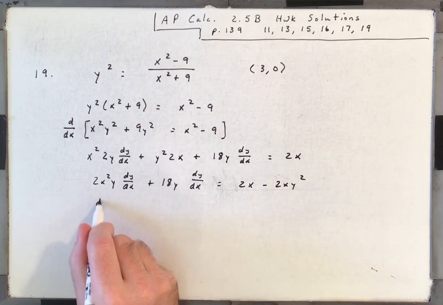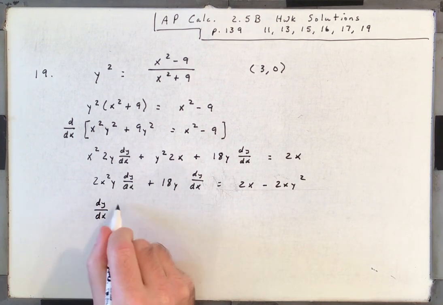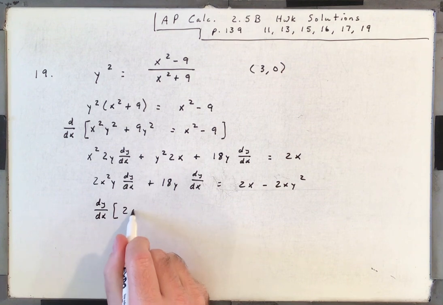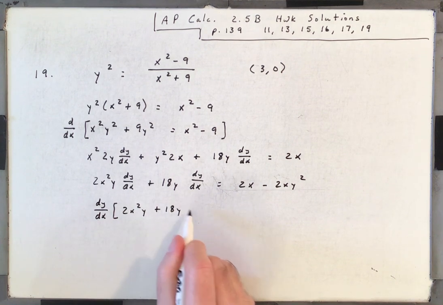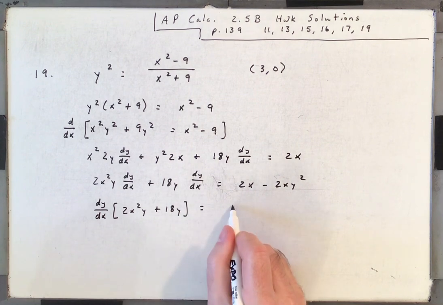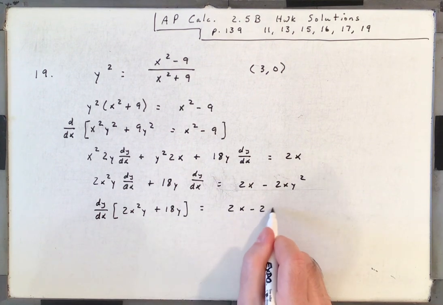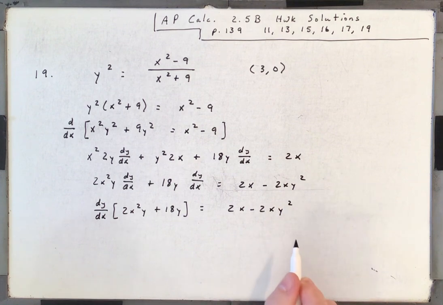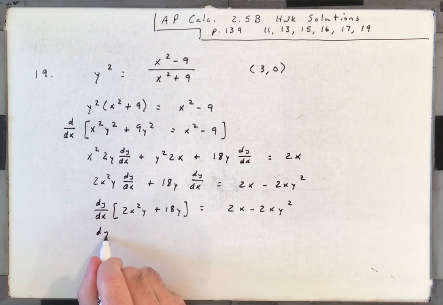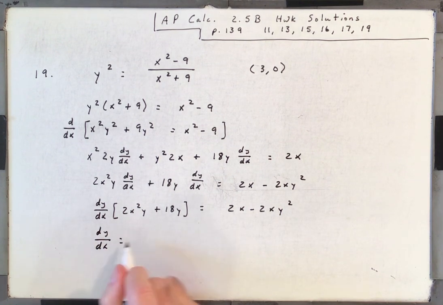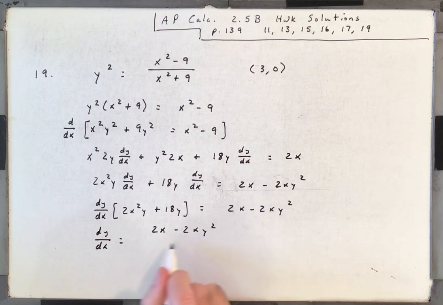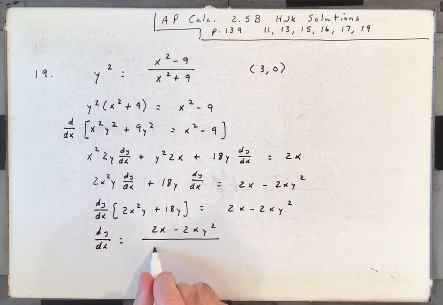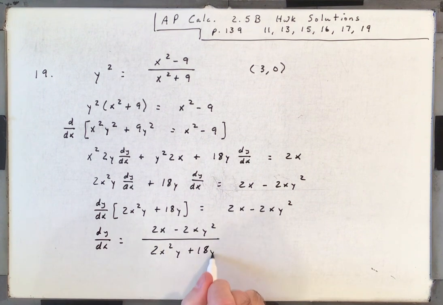Okay, factor out a dy/dx, and I've got (2x squared y plus 18y) is equal to 2x minus 2xy squared. So dy/dx is equal to (2x minus 2xy squared) over (2x squared y plus 18y).